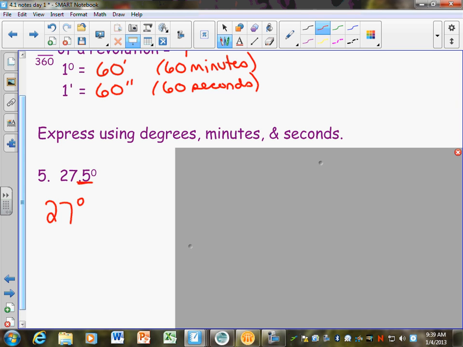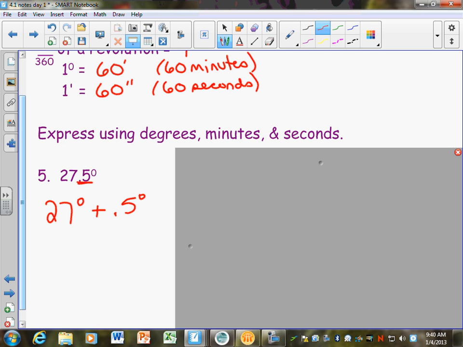So then I'm going to break this part down. I'm going to put a plus sign here to show you that I'm just breaking it down. 0.5 degrees, I want to change that into minutes and or seconds if necessary. Just like our unit conversion with radians and degrees, we can do a unit conversion here, just like feet and inches, just like time. If I wanted to convert days into seconds, we could do the little conversion there.